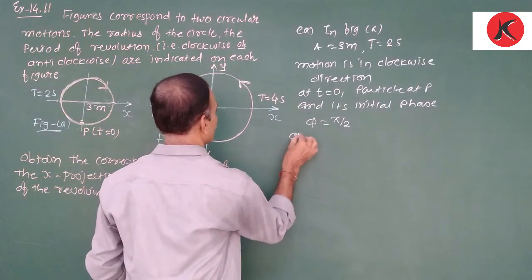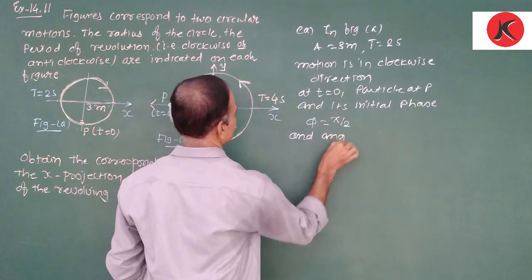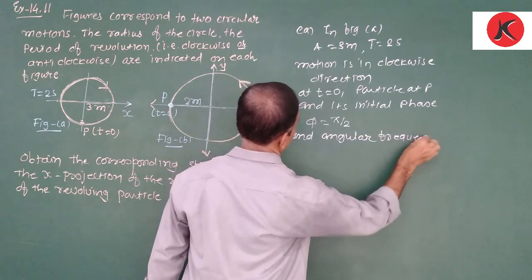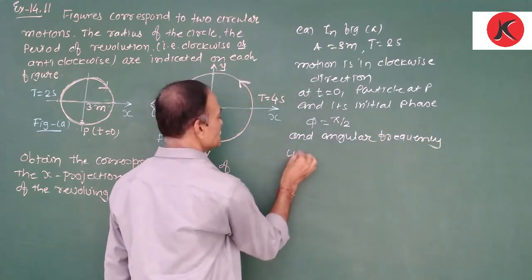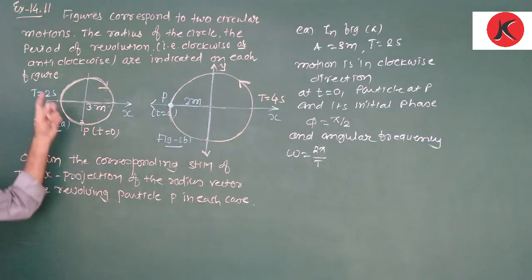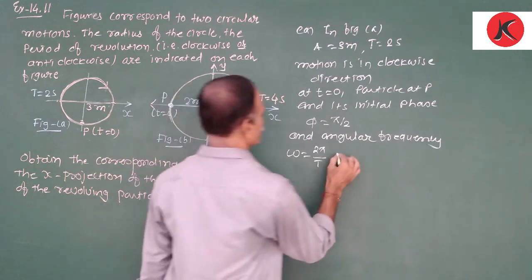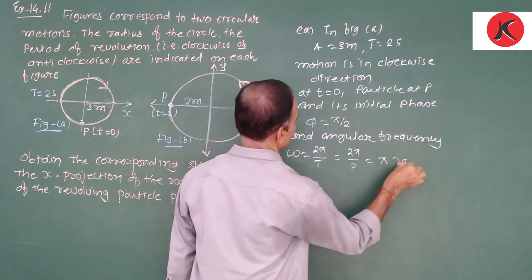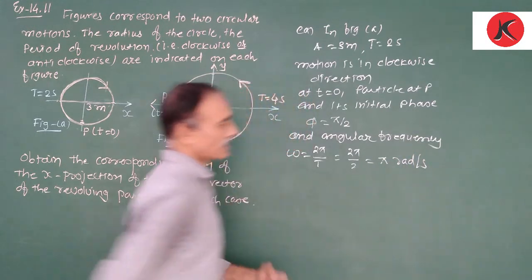Angular frequency omega is equal to 2 pi upon T. T is already given, it is 2 seconds, therefore 2 pi upon 2, that means pi radian per second.